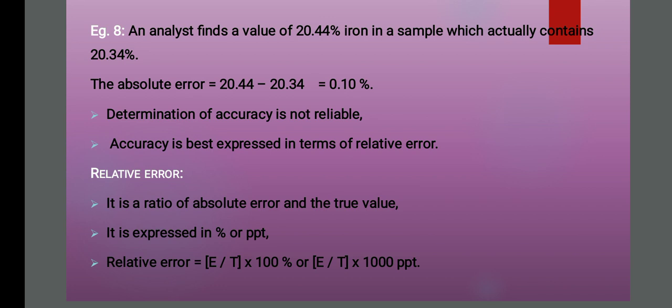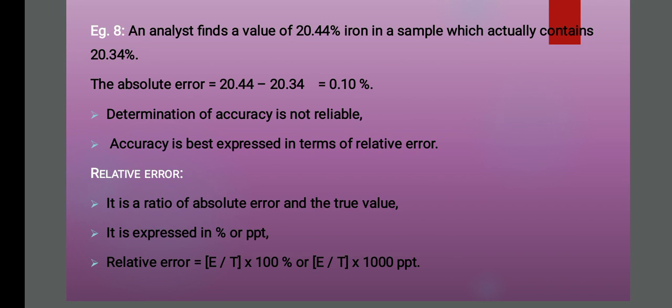This relative error is expressed in terms of percentage, or it can also be expressed in terms of parts per thousand, PPT. We have studied ppm, parts per million. This is nothing but a ppt, parts per thousand. I'll repeat the point once again. Normally accuracy is initially measured using absolute error, which is the difference between the experimental value and the true value.